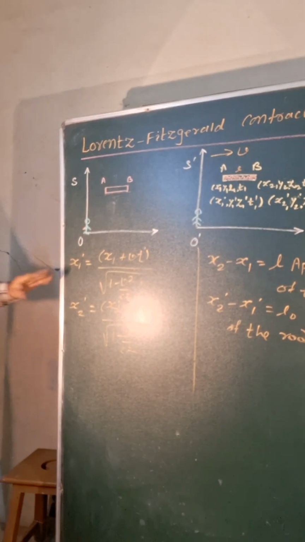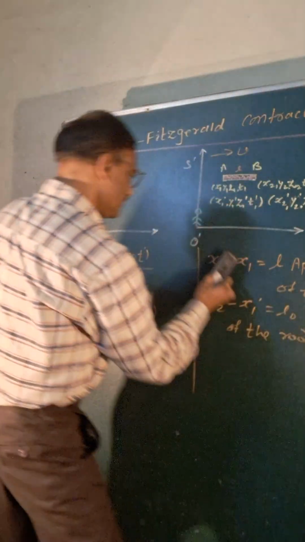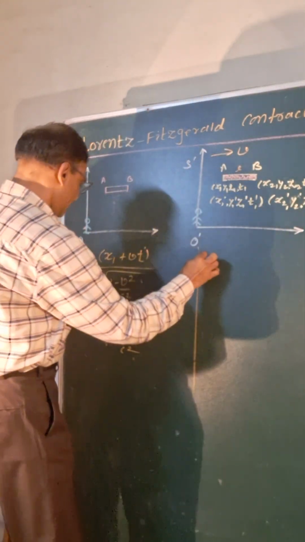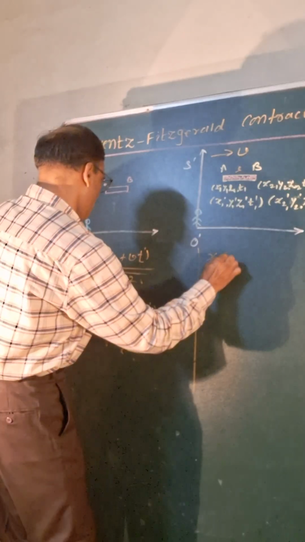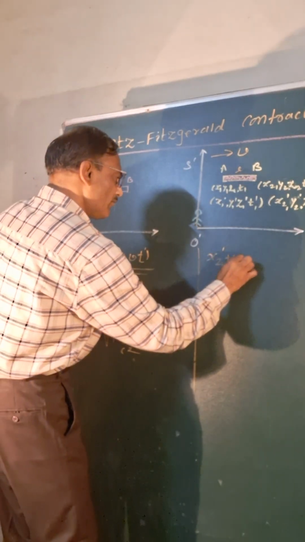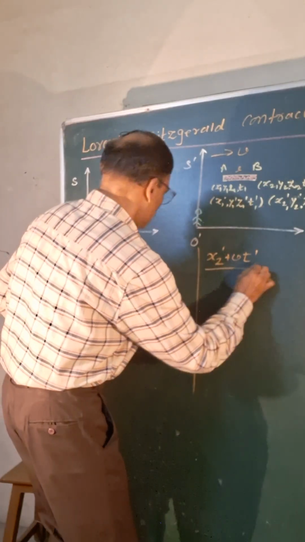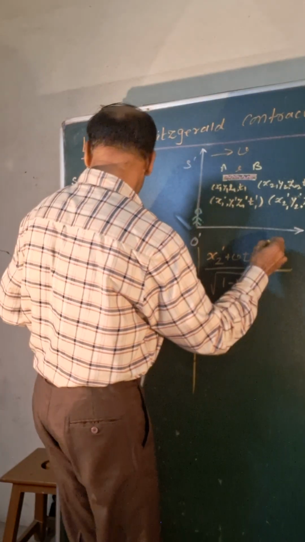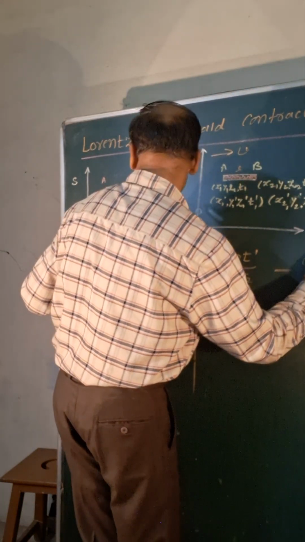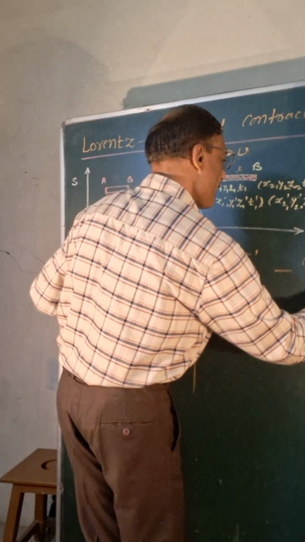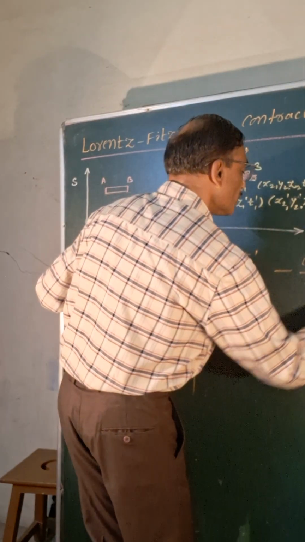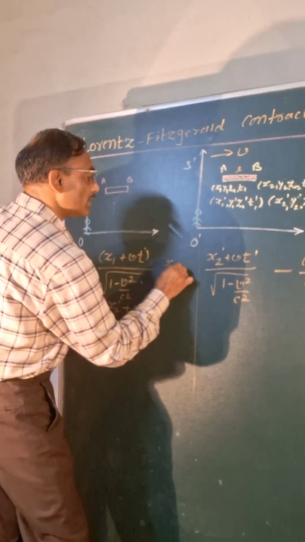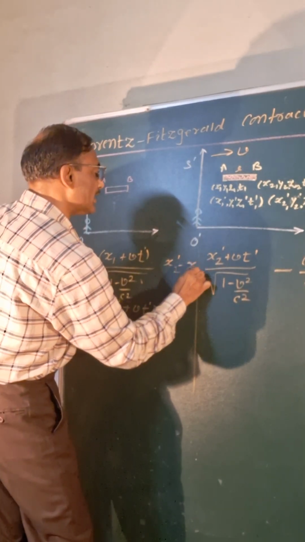So taking the difference of these two coordinates, we get x2 minus x1 is x2 dash plus vt dash upon under root 1 minus v square upon c square minus x1 dash plus vt dash divided by under root 1 minus v square upon c square, which is equal to x2 dash minus x1 dash.